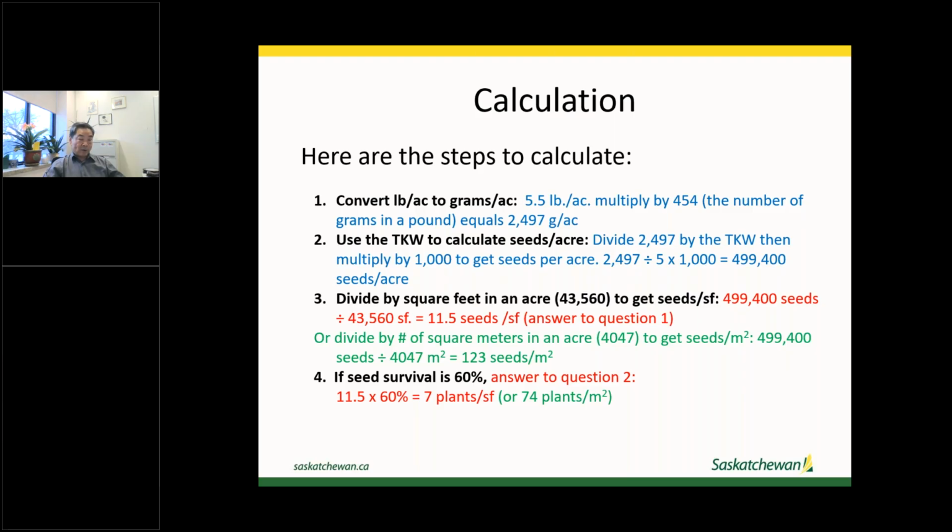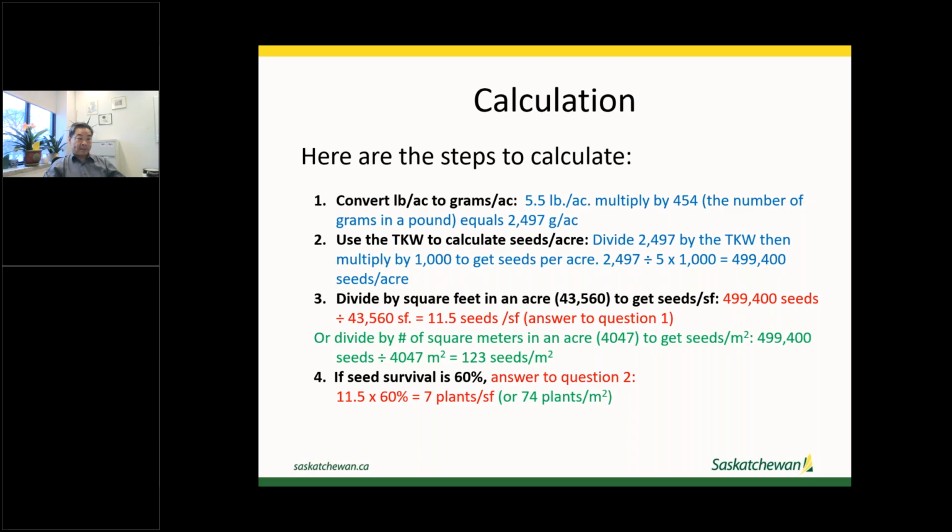That means 499,400 seeds in 43,560 square feet, and you get 11.5 seeds per square foot. This is the answer to question number 1. You actually put in 11.5 seeds per square foot.